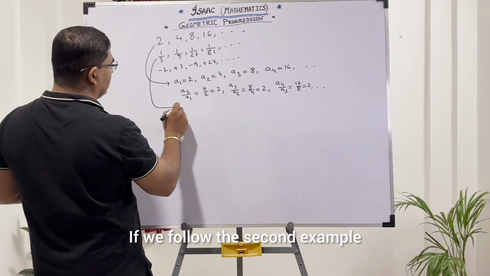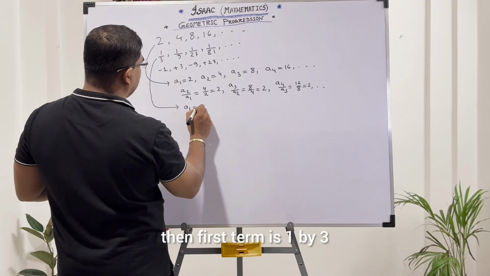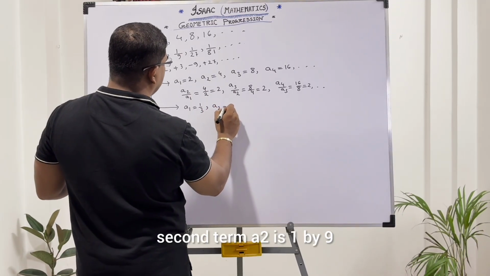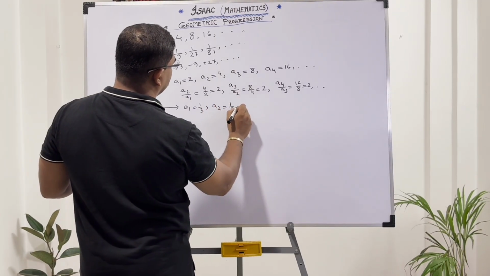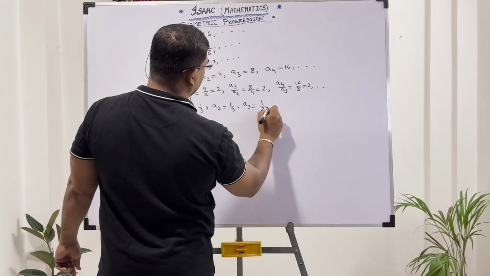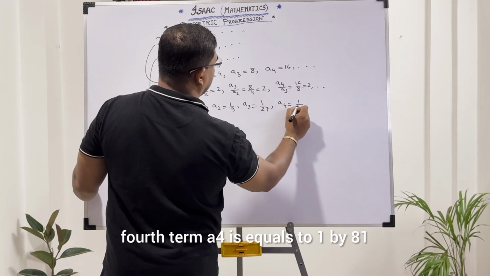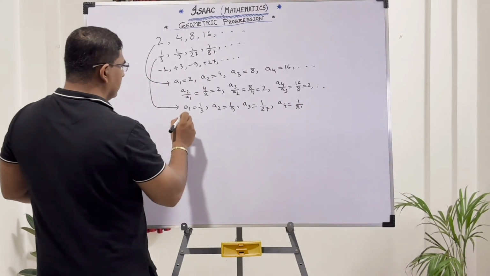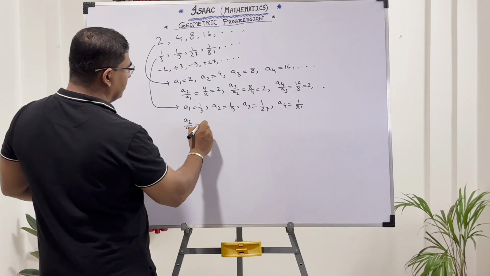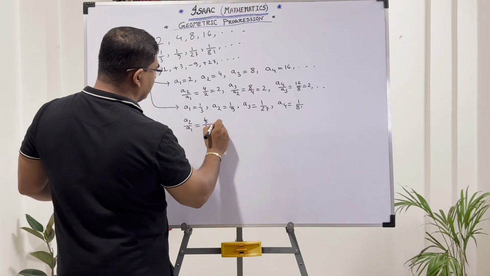If we follow the second example, then the first term is 1 by 3. Second term A2 is 1 by 9. Third term A3 is 1 by 27. Fourth term A4 is equal to 1 by 81. So now A2 by A1 is equal to 1 by 9 divided by 1 by 3.